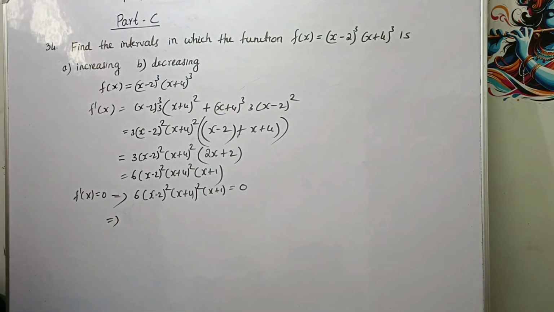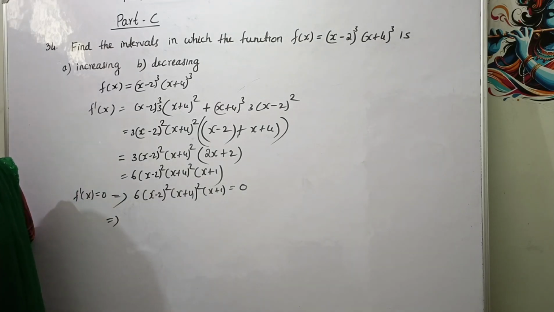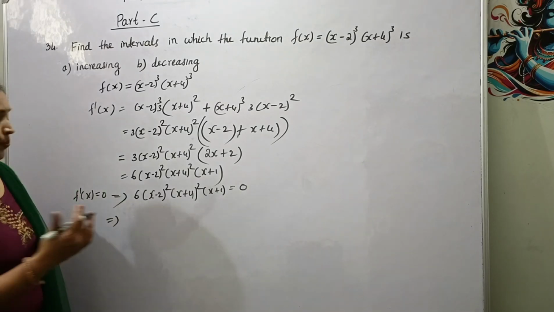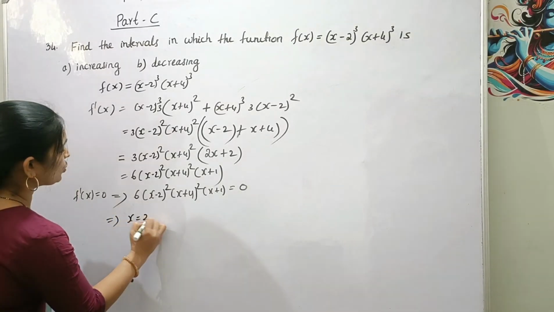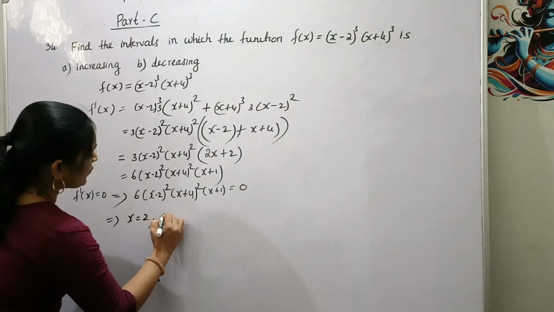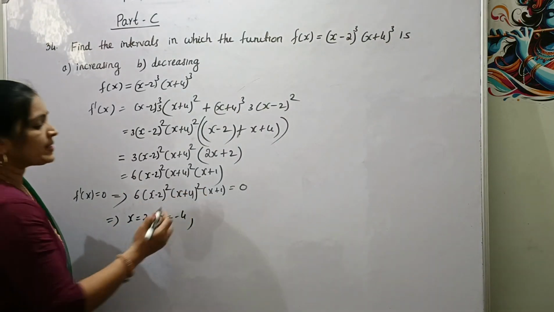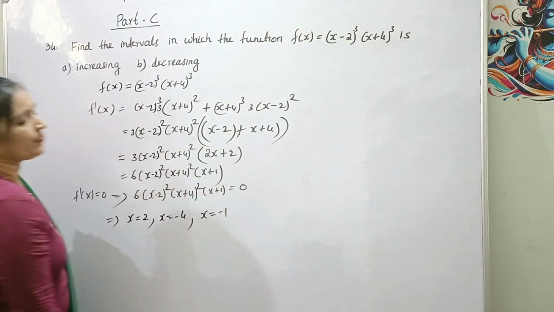That implies, say, if (x minus 2) whole square is equal to 0 implies x minus 2 is equal to 0. That implies x is equal to 2, right? (x plus 4) whole square is equal to 0 implies x is equal to minus 4. x plus 1 is equal to 0 implies x is equal to minus 1.